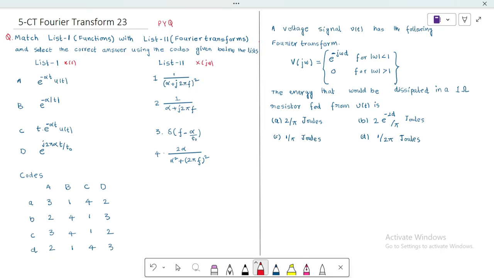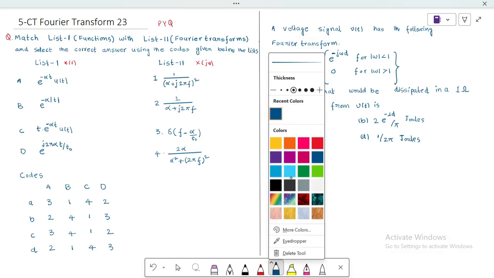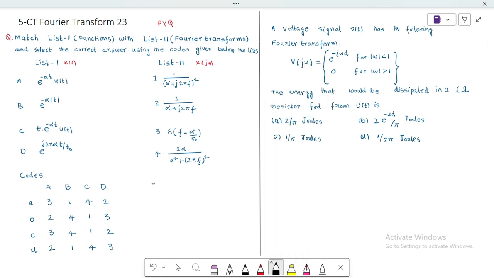So this is directly e power minus at u of t. We know the formula: for e power minus at into u of t, the Fourier transform equal to 1 by a plus j omega.